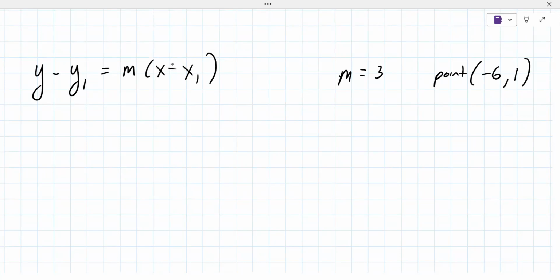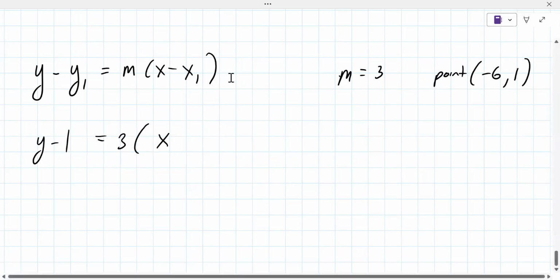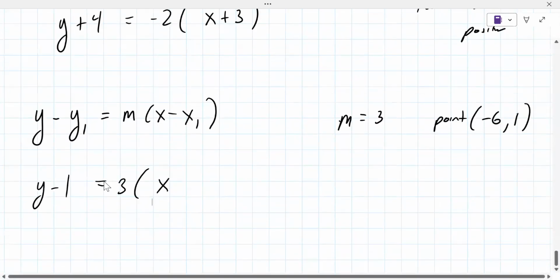So it would be y minus 1 equals 3 times x... I meant to say x plus 6, because it would cancel, right? We just did an example where there's two negatives. So did you write anything out? x plus 6. Yeah.